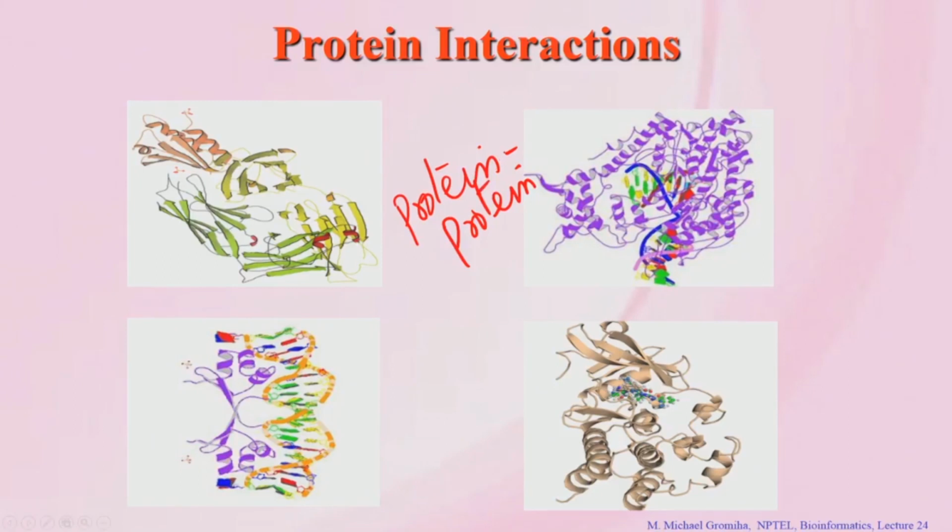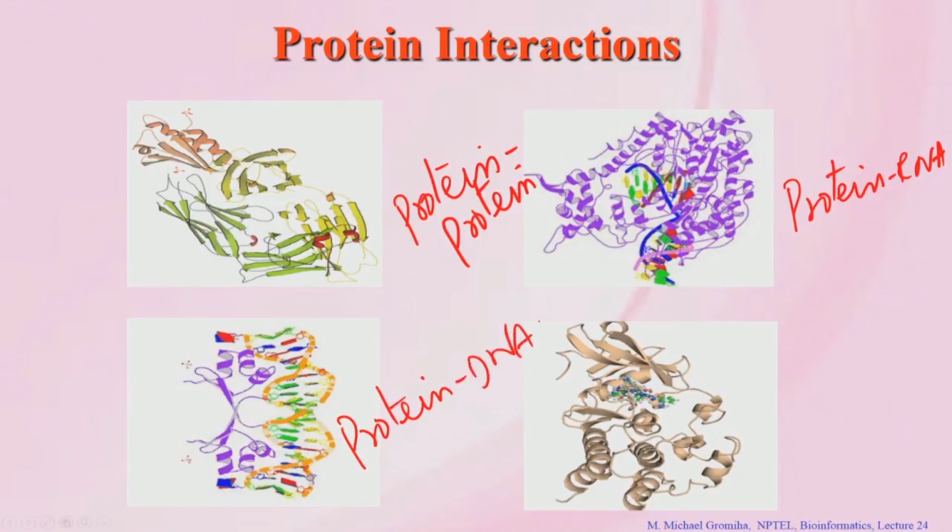Here you can see the protein and this is the RNA, so this is a protein RNA interaction. Here you can see the protein and the DNA, so this is a protein DNA interaction. Here you can see the proteins and the ligands, so this is a protein ligand interaction.